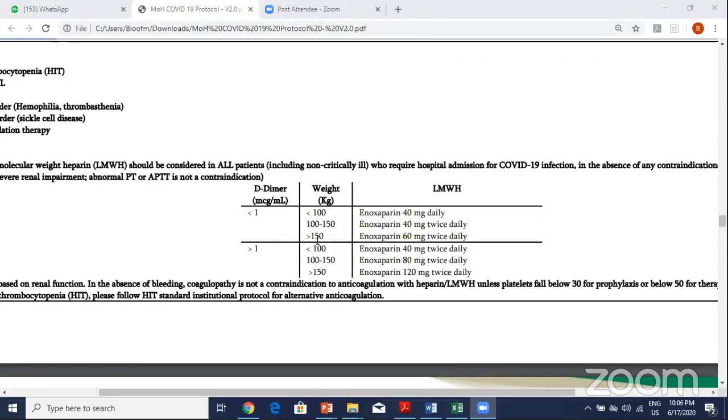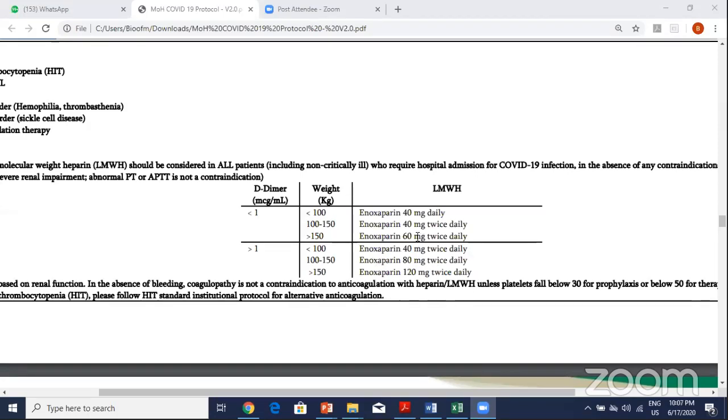If less than 1, and according to the weight, you can use enoxaparin 40 once daily, or 40 twice if the weight is more than 100 to 150, and more than 150, 60 BID. But if the D-dimer is high, with weight less than 100, we will use BID dose, 40 BID, and if 100 to 150, you will use 80 milligram twice daily, and more than 150, 120 milligram twice daily. Of course, with normal renal function.